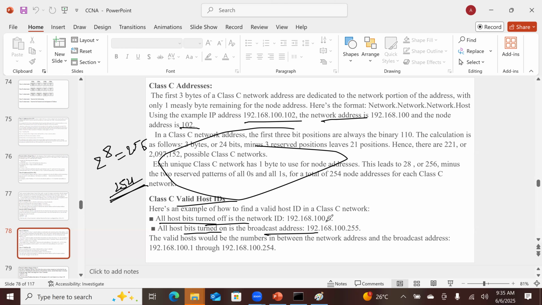Whatever numbers we get between these two are called valid or usable host IP addresses. The first valid host IP address will be 192.168.100.1, and the last will be 192.168.100.254. Clear?